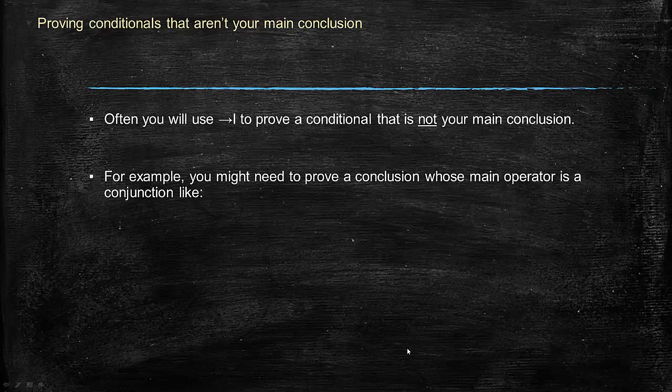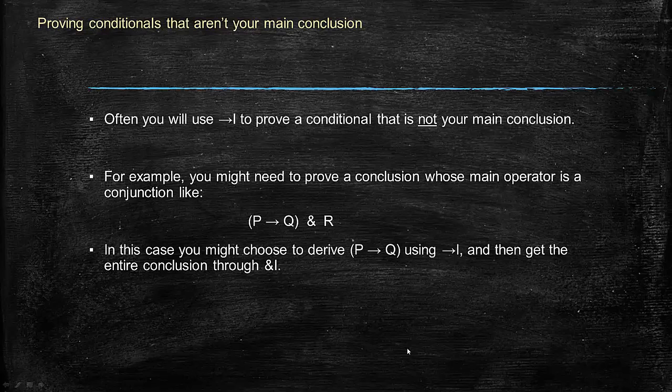For example, you might need to prove a conclusion whose main operator is a conjunction, like if P then Q and R. In this case, you might choose to derive if P then Q, the first conjunct, by conditional introduction, and then get the whole conclusion through, say, an application of and introduction.